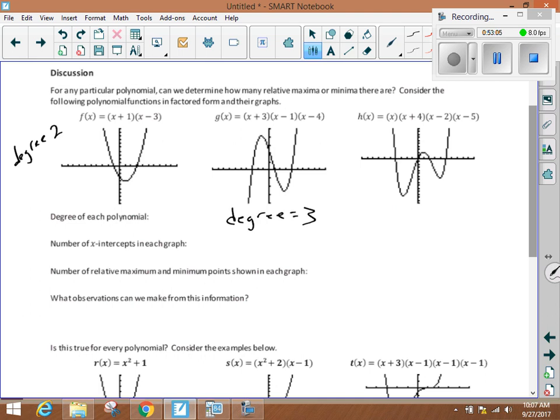This one has a degree of 4: 1, 2, 3, 4. How many x-intercepts? This one has 2 x-intercepts. This one has 3 x-intercepts. And this one has 1, 2, 3, 4 x-intercepts.